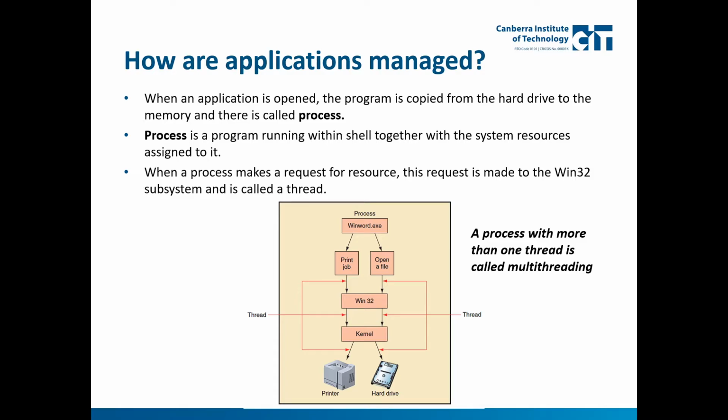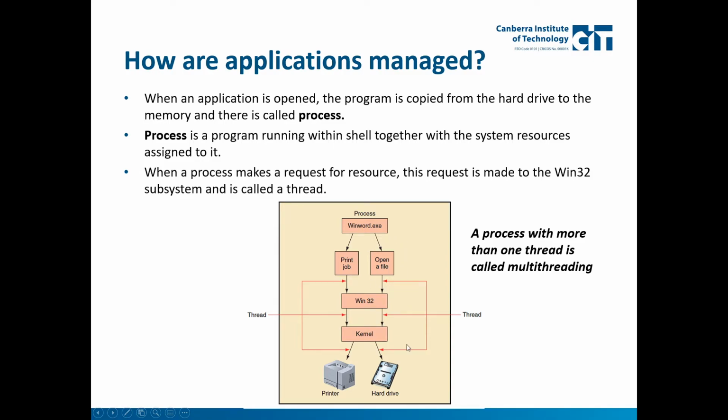All right, guys? So if we have a hard drive, for example, the hard drive is controlled by the kernel, and our Win32 system has access and can communicate with the kernel. And in order for us to print a job, we actually need two threads.